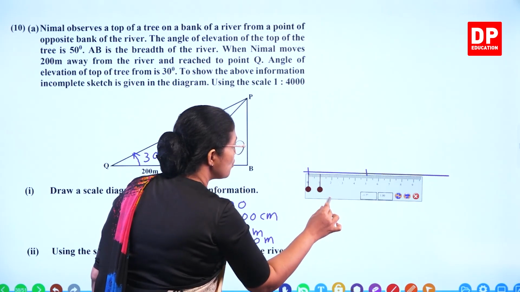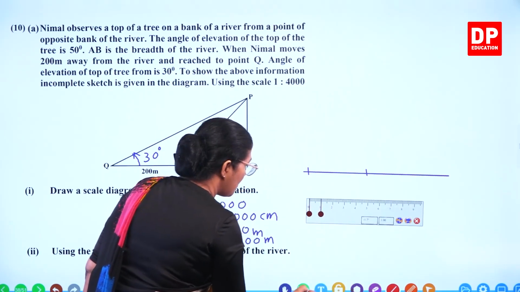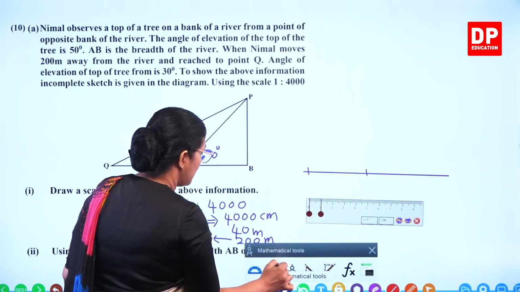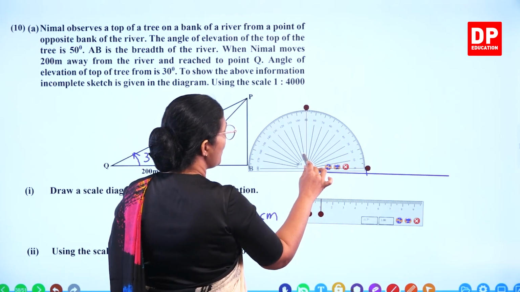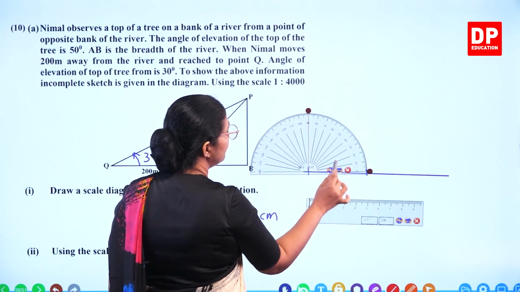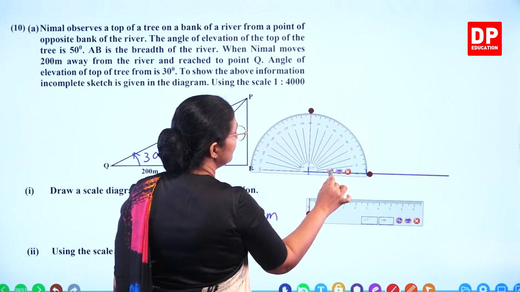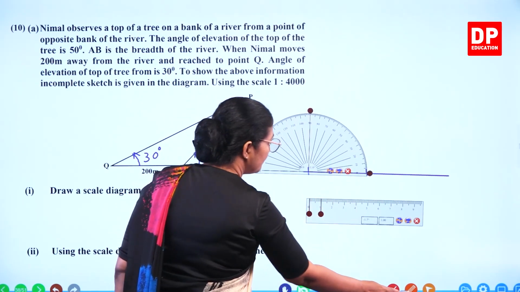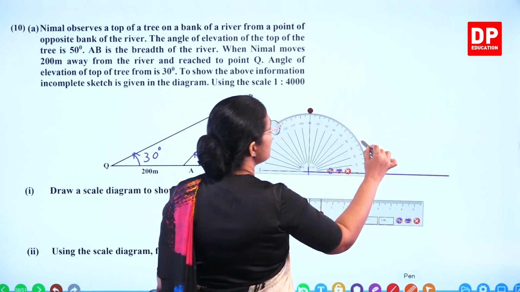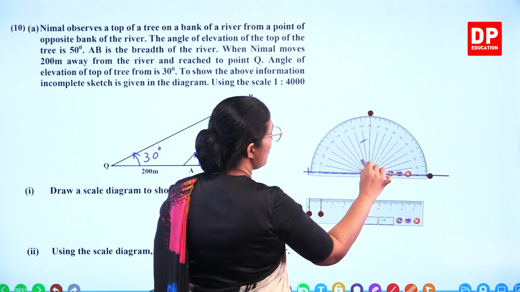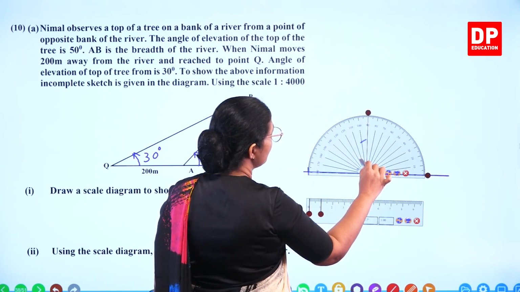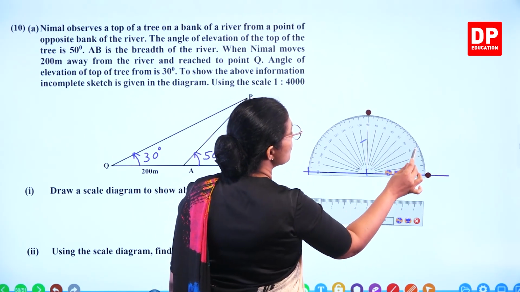And then you have to keep the protractor. You can measure the angle 30 degrees from the first point, and 50 degrees from this point.